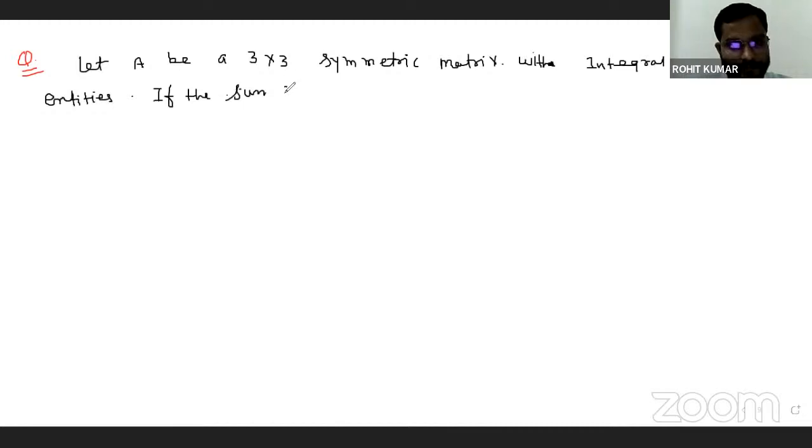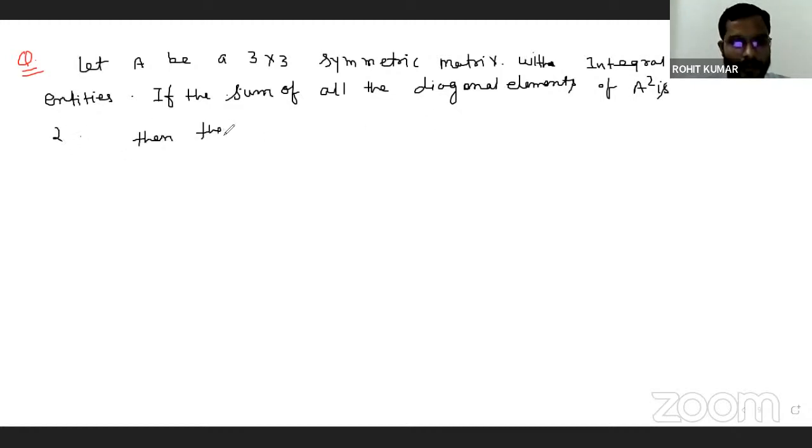If the sum of all the diagonal elements of A square is 2, then the total number of such matrices A is equal to.